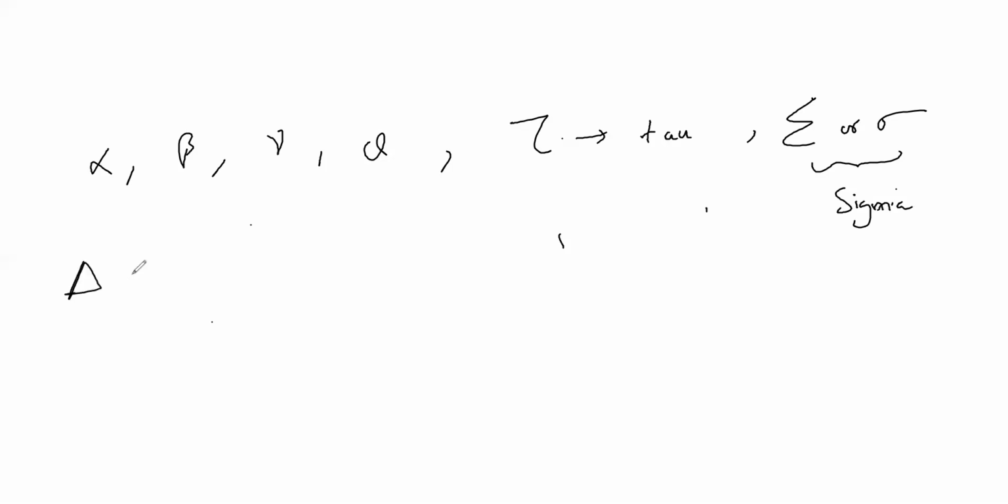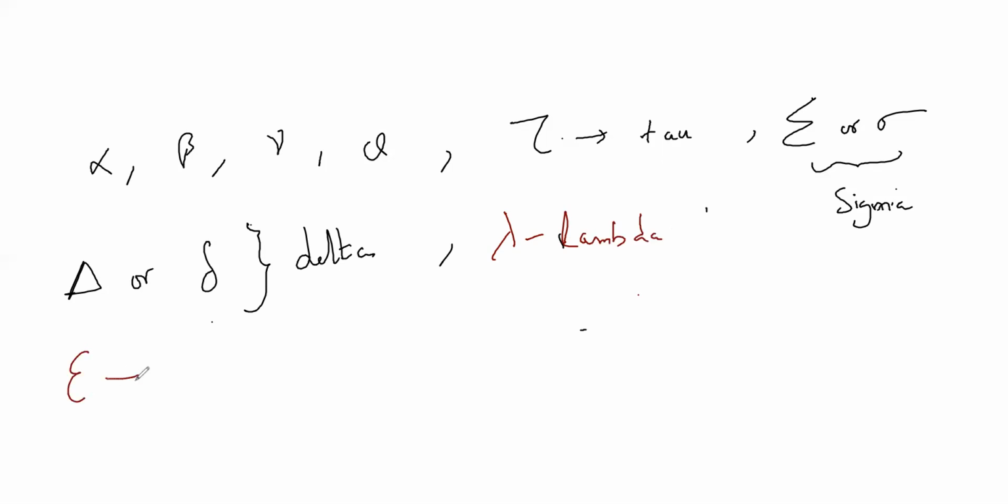Then you got something called delta. This everyone knows. I'm going to write now. Lambda, wavelength. Correct? Then you may be hearing about epsilon. This is there in your class 12th. Epsilon and all will come in your class 12th.